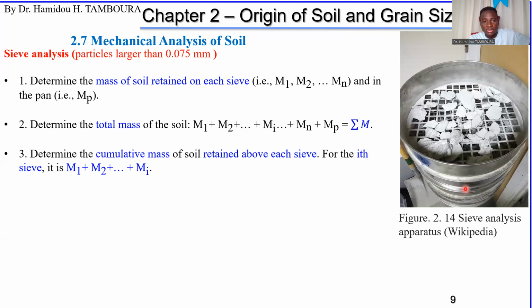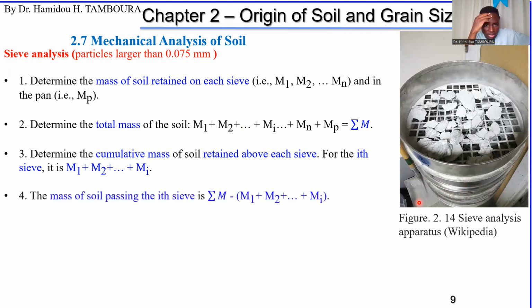Okay, so we accumulate everything, and after that, number 4 is we can then estimate the mass of soil passing through the ith sieve.